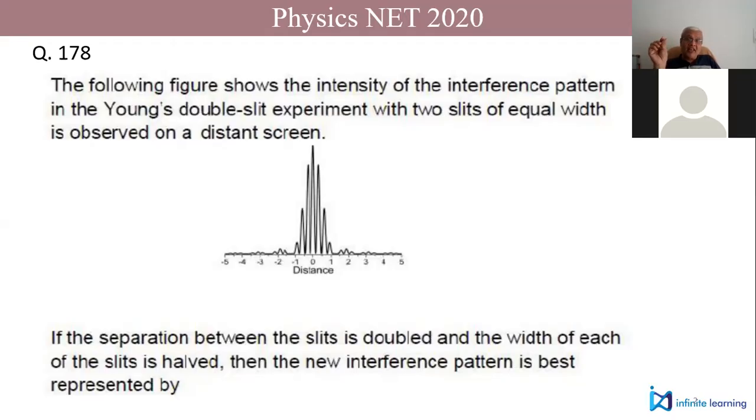So if I make a smaller, then theta will increase. Now in this case, you are making the width of each slit half, so your sine theta will become double. Of course theta will not be exactly doubled, but it will increase. So the central maximum will become broader.